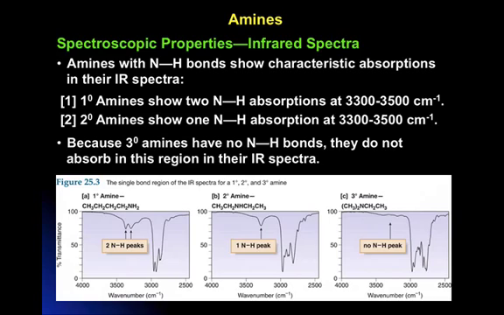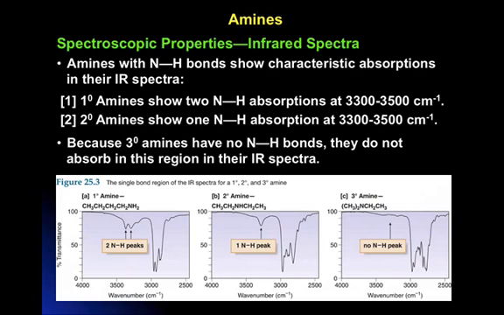If I look at just a typical amine, and I look down that carbon-nitrogen bond, those 2 hydrogens are going to be related by symmetry. So why do I see 2 peaks? Well, but they're symmetrical, so why do I see 2 of them? What are we actually looking at in the IR? Are we looking at the bonds? We're looking at the stretches, right? And so how can I imagine those 2 hydrogens stretching?